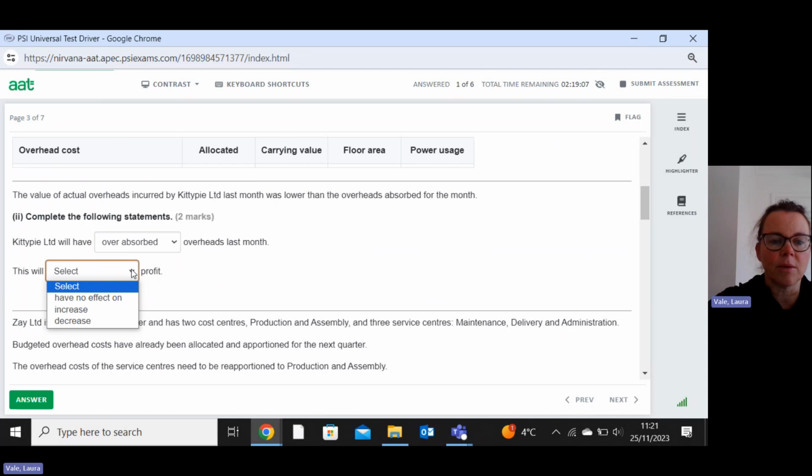And right, so if we've over-absorbed overheads, it means at the moment we've got too much expense. So when we fix that, we've got too much expense, so we're crediting our expenses, which means that we're going to see an increase in our profit.